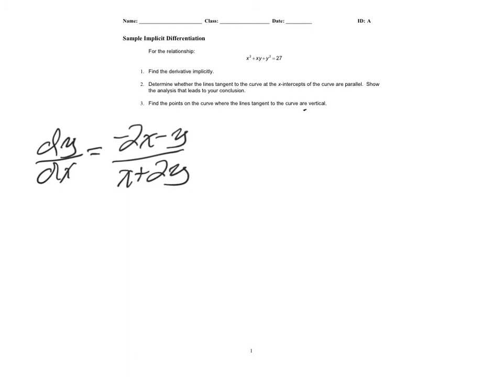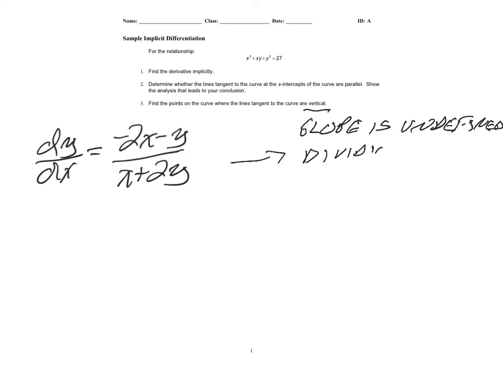So a vertical tangent line means that my slope is undefined. If my slope is undefined, that would mean in a fraction that I am dividing by 0. So that would tell me that x plus 2y is equal to 0.